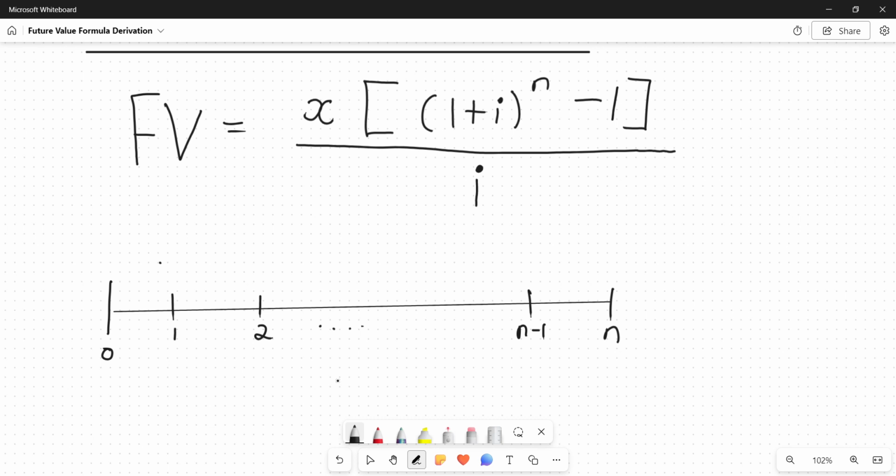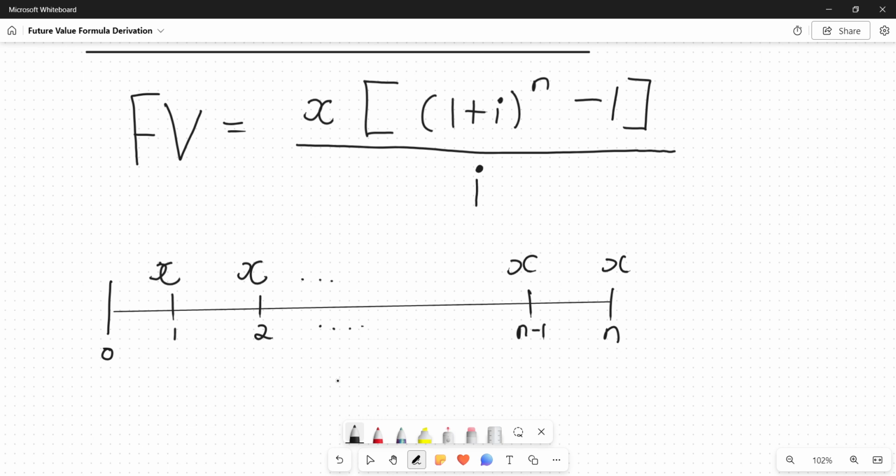At the end of the first period, we make a payment of x, and at the end of the second period, we make the regular payment of x, and so on until the nth period. What we want to calculate is the future value of these regular payments made at the end of each period.